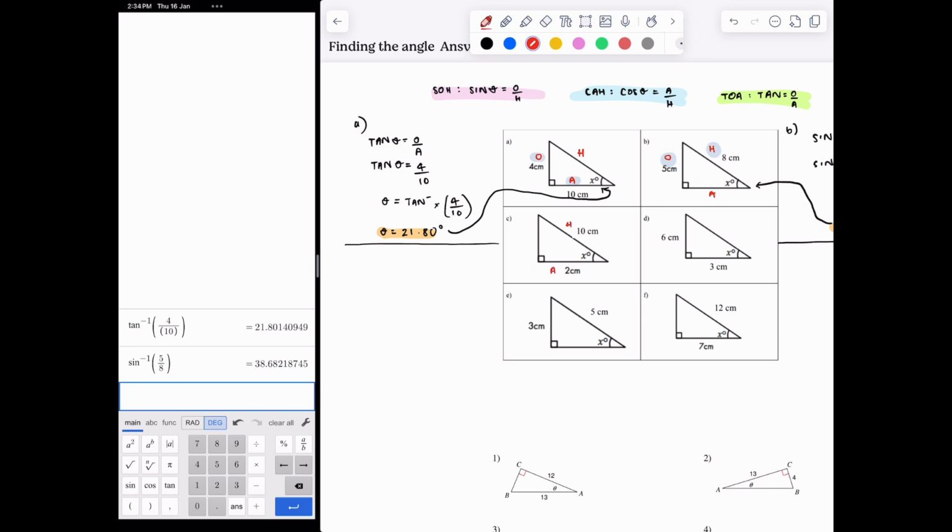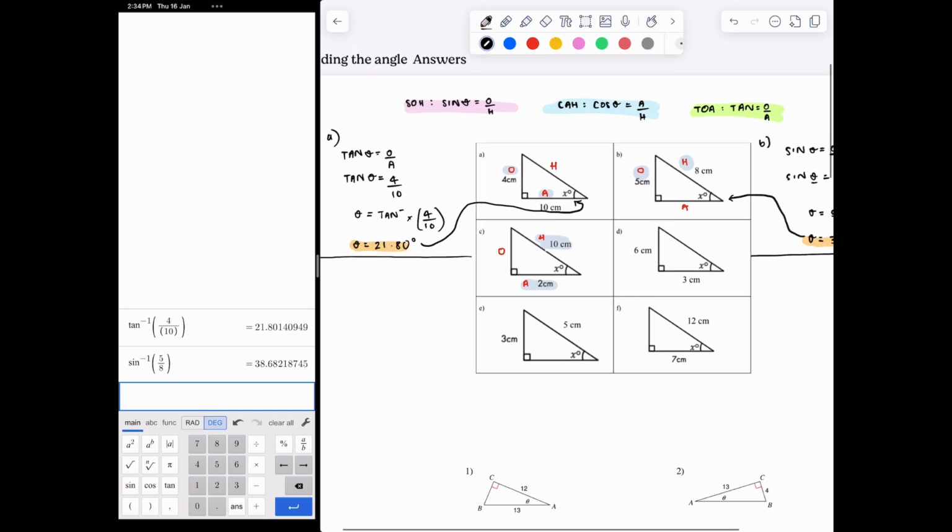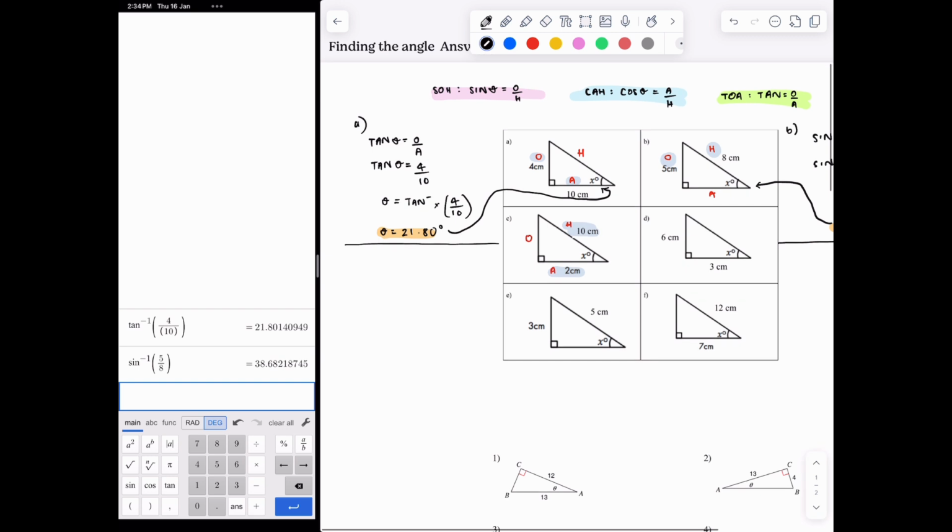So we've got the hypotenuse, adjacent, and opposite. And now we've been given the adjacent and the hypotenuse. So which function has A and H in it? Yep, it's a cosine function, A over H. Substitute those values in. Got A over H, 2 over 10. And now we need to rearrange to find the angle.